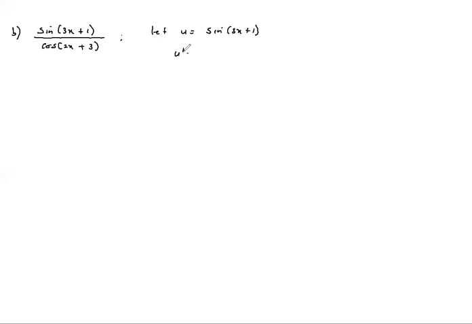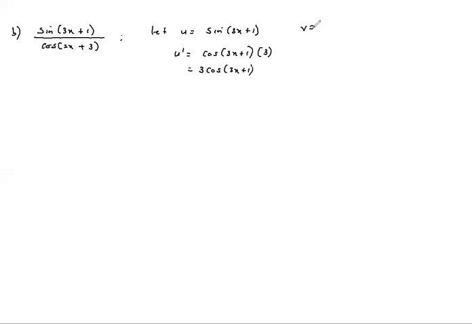To find the derivative of u, you use chain rule. So first differentiate sine, it will be cos 3x plus 1. Then you go inside and differentiate 3x plus 1, it will give us 3. So you have 3 cos 3x plus 1.